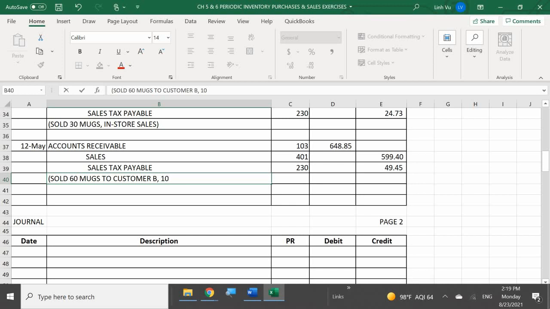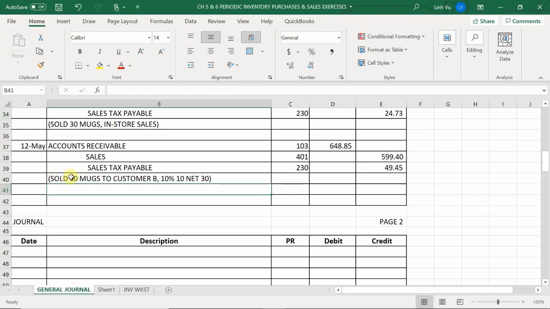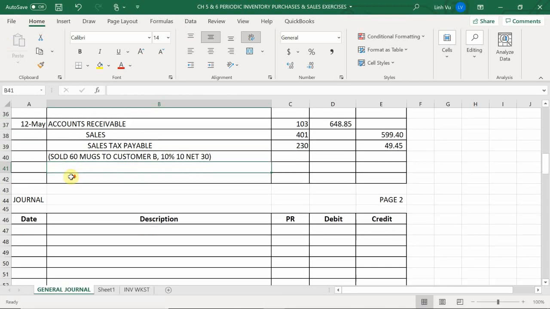My keyboard is not acting up. 10/10, net 30. Okay. All right. Good. So once again, this is a sale, so it has nothing to do with my inventory worksheet. Okay. Good.